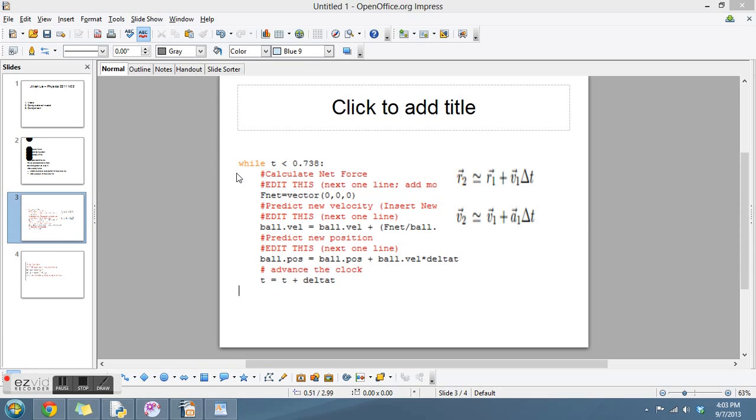Inside this loop, there are commands that tell the computer how to increment the velocity and the position according to the equations for predicting velocity and position. In my program, the lines that implement these vector equations look like this.